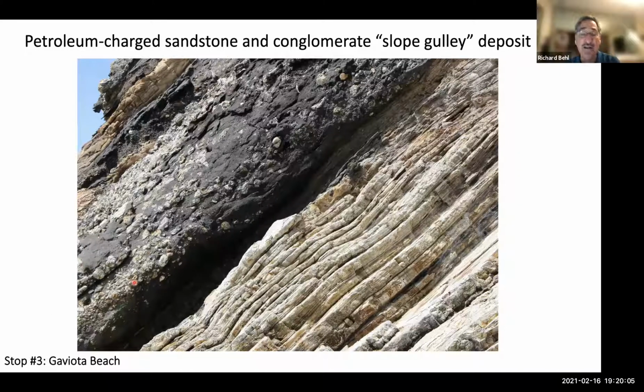That whole history of deposition in deep water, burial another kilometer, uplift a couple kilometers, erosion and transport back down to deep water, all within the Monterey.